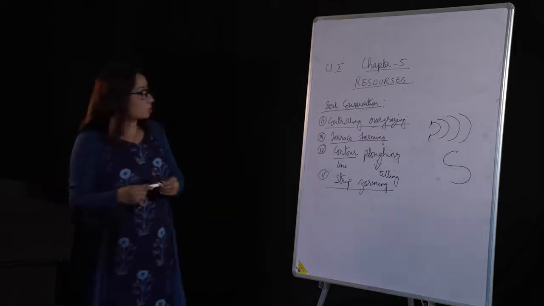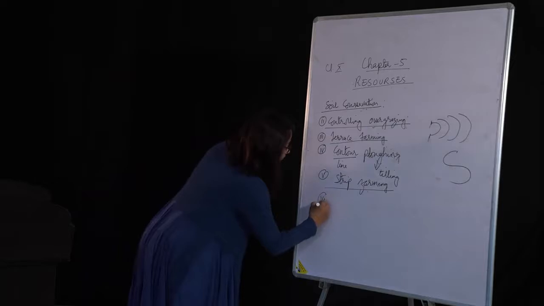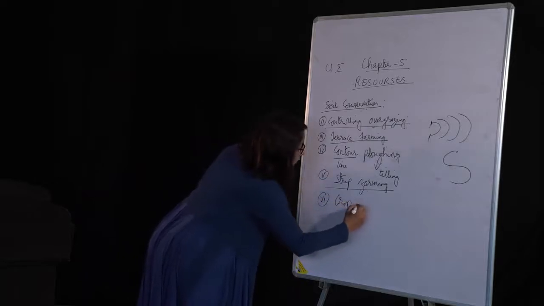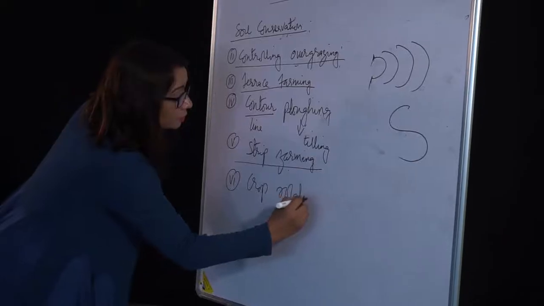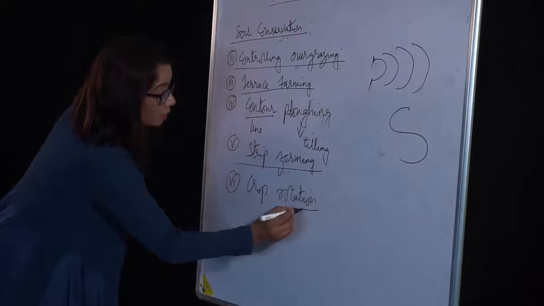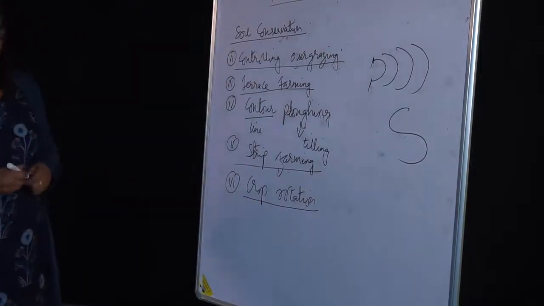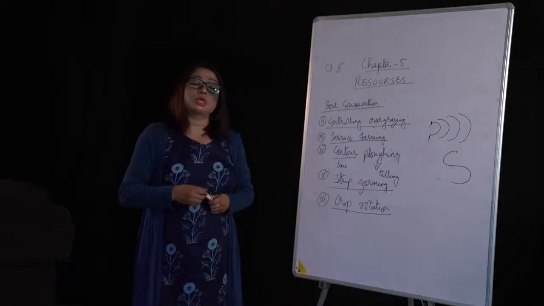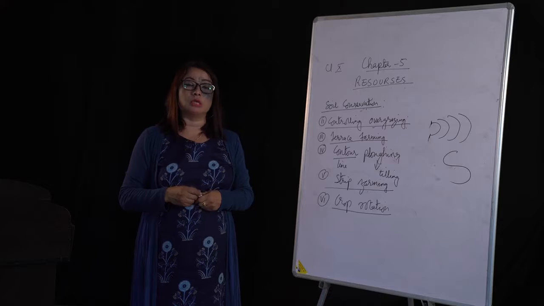Now the next one is crop rotation. As the name suggests, crop rotation is very simple: rotating crops and growing them on a field in a series.